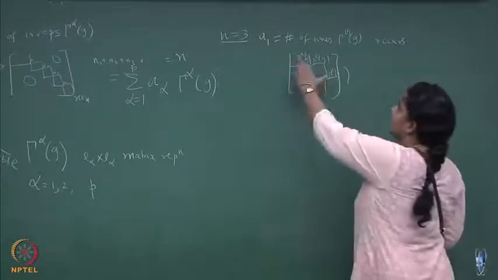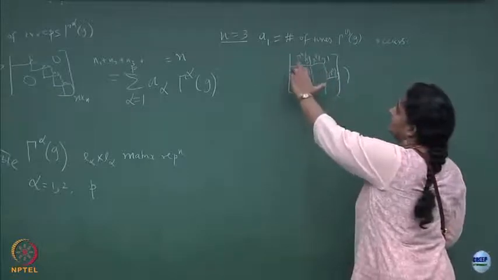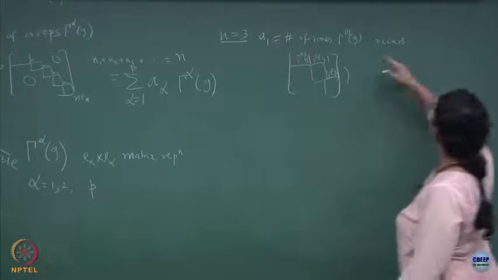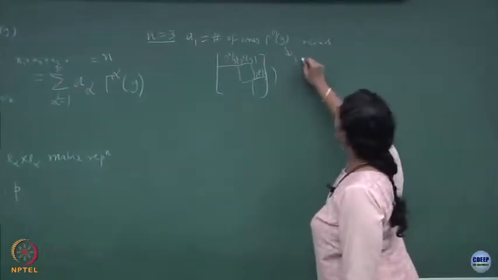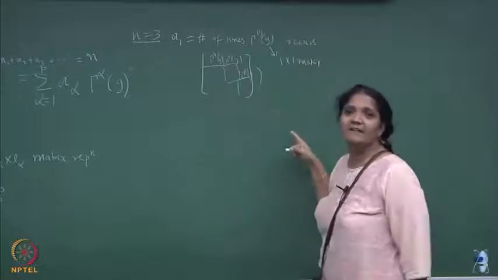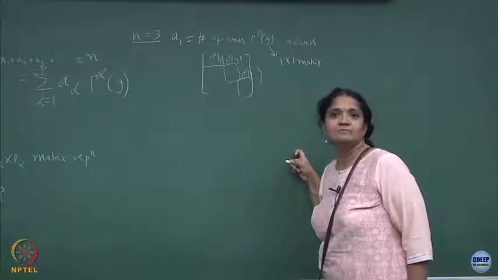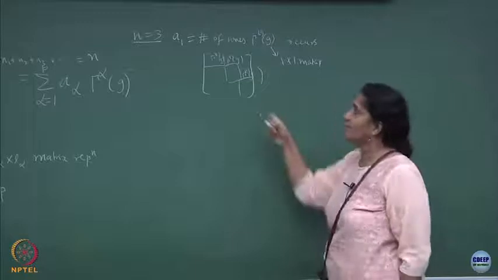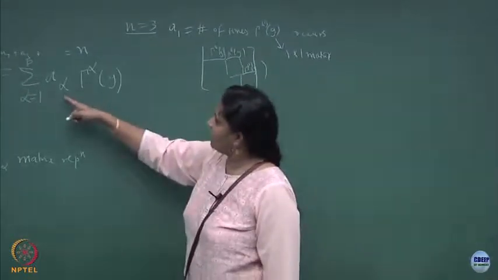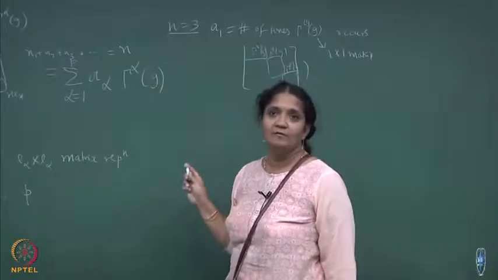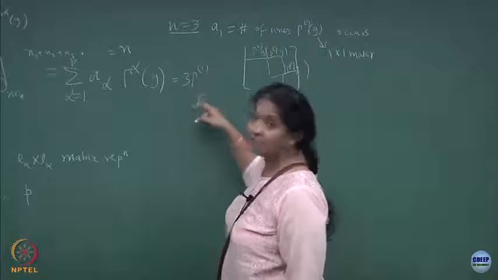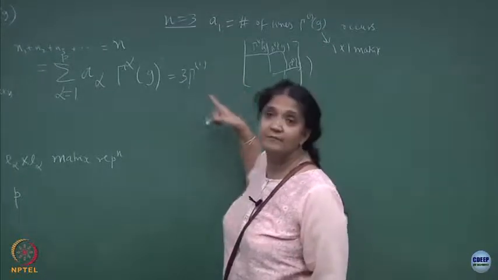The dimensions add up, if this is 1 cross 1, let us take this to be a 1 cross 1 matrix, then the dimensions add up to 3. This is one way in which you can write this as A1 times gamma 1 alone, 3 times gamma 1 is one possibility for this example.